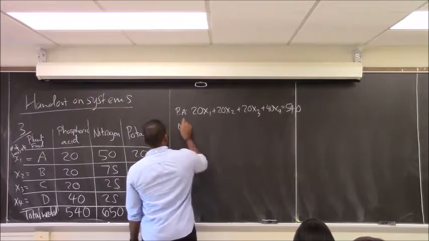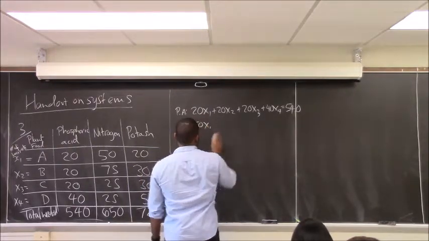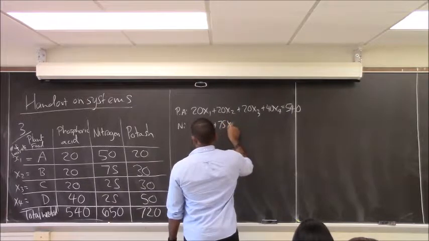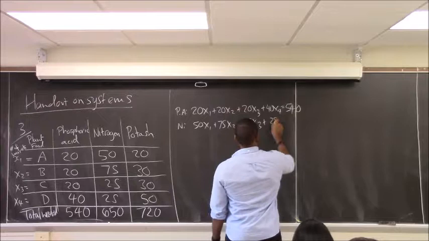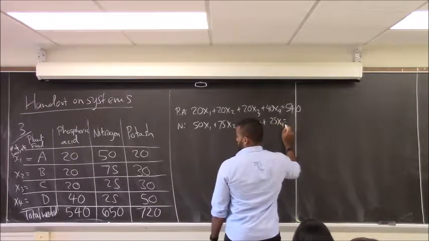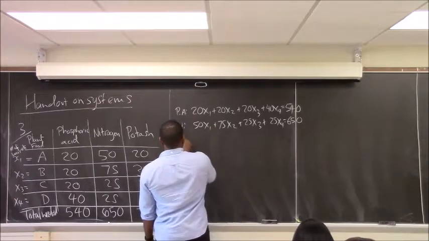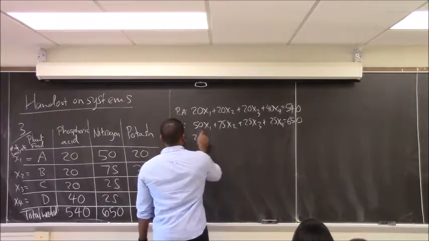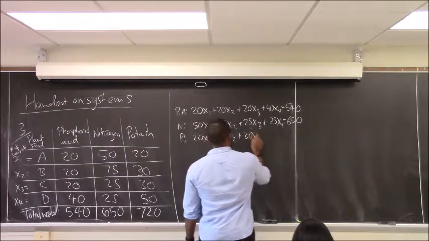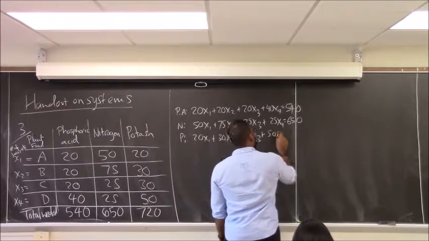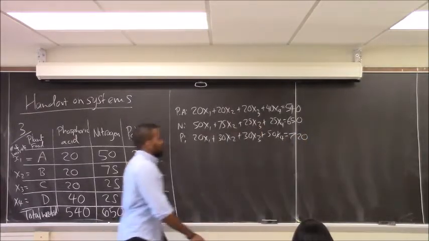For the nitrogen, well, I need 50 pounds per barrel here, 75 pounds per barrel here, 25 pounds per barrel here, 25 pounds per barrel here, and I want that to add up to 650. And for the potash, 20 pounds per barrel, 30 pounds per barrel, 30 pounds per barrel, 50 pounds per barrel. I need 720 of that.